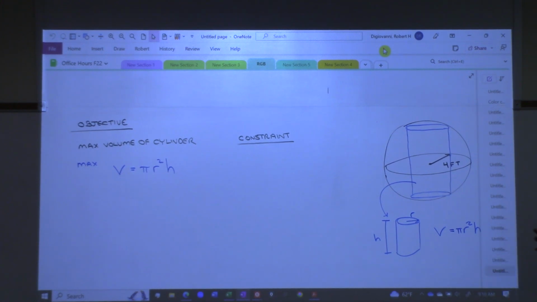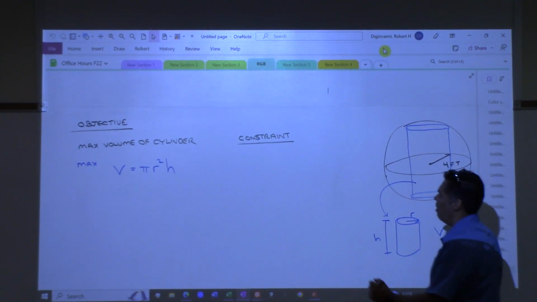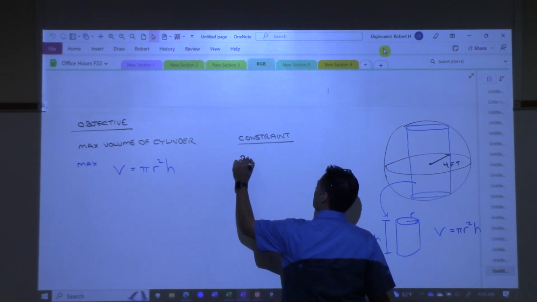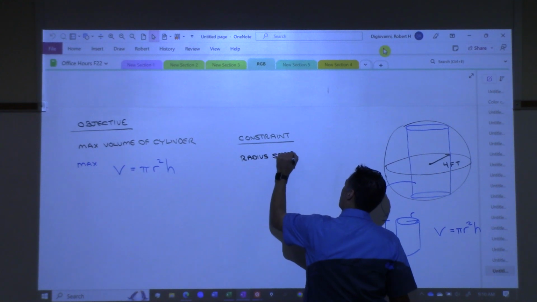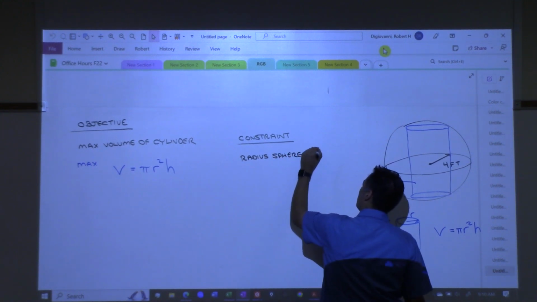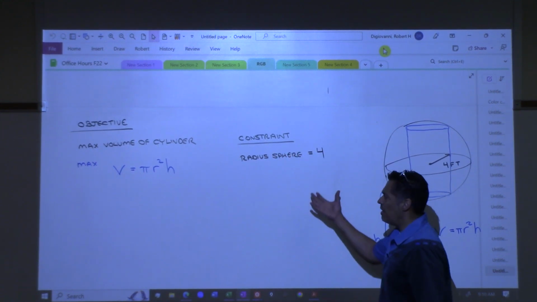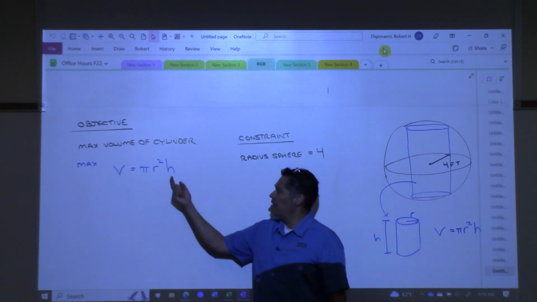The radius of the sphere is constraining the cylinder, isn't it? I mean, the sphere is fixed, right? So how does that control things? It's kind of hard to see this, but the radius of the sphere is equal to 4. That's a constraint, but how is that going to allow me to get this to one variable?